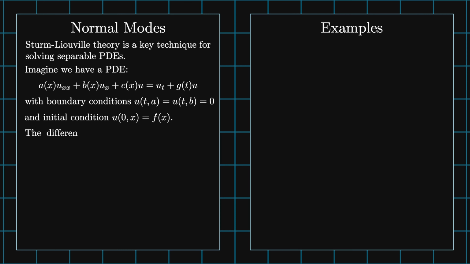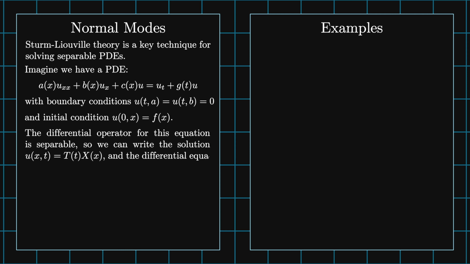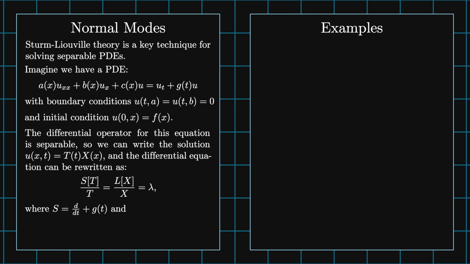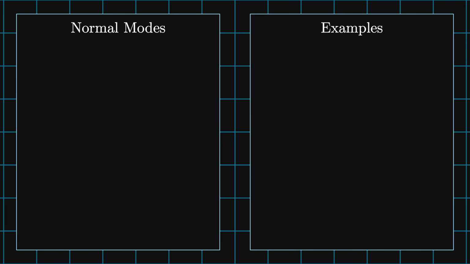The differential operator for this equation is separable, so we can write the solution u of x and t equals T of t times X of x, and the differential equation can be written as S of T on T equals L of X on X equals lambda, where S equals d by dt plus g of t, and L equals a of x times d squared by dx squared plus b of x times d by dx plus c of x.